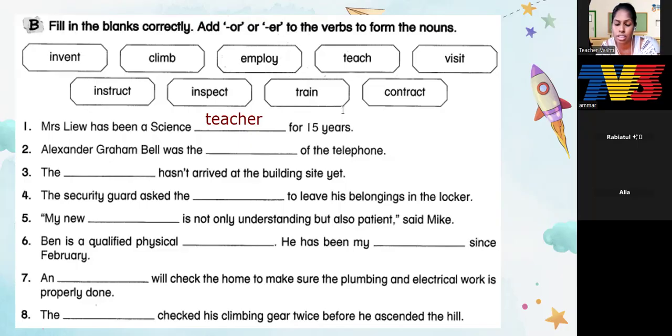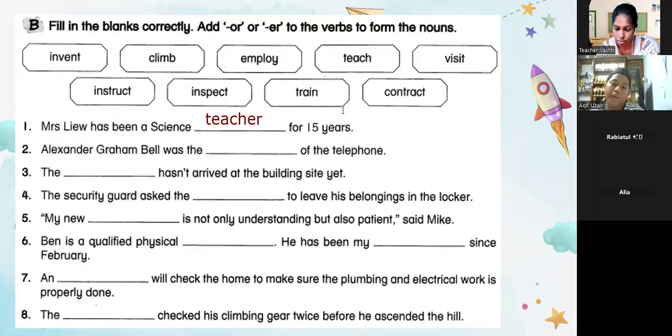Please write your answers in the chat box, or you can even write it in your exercise book. We will discuss in a bit. Teacher, what is employ? Employ, when you take a person for a job.